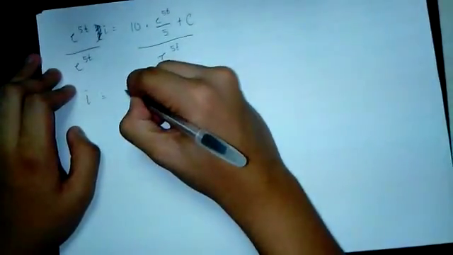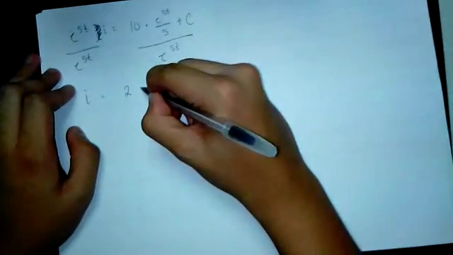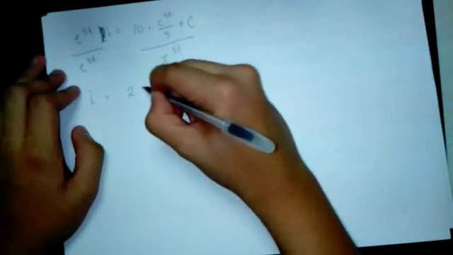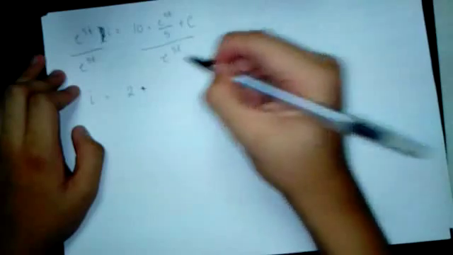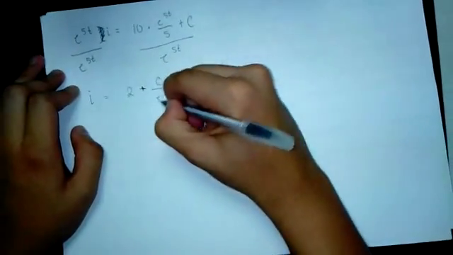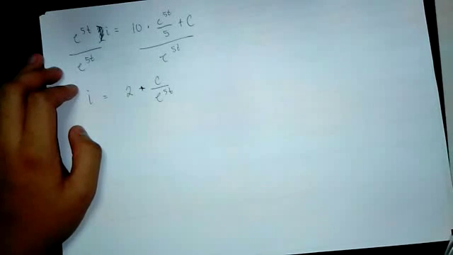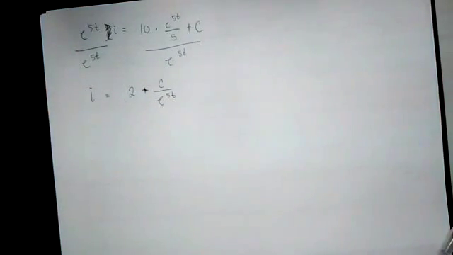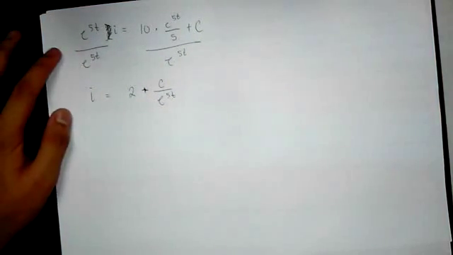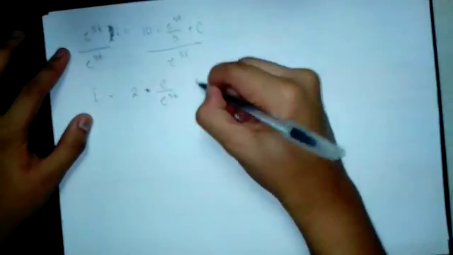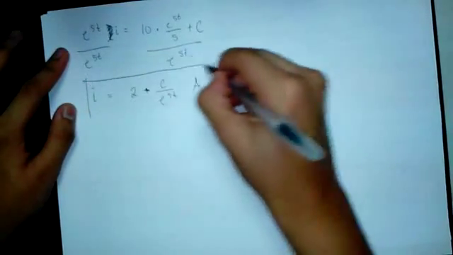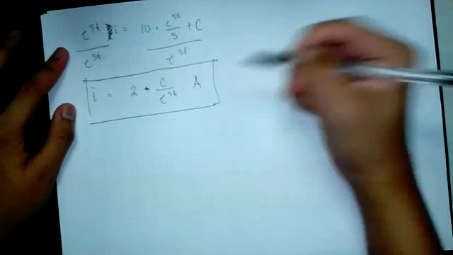So I is equal to 2 plus c over e to the 5t. Now we have our I, which is the current flowing in the circuit.